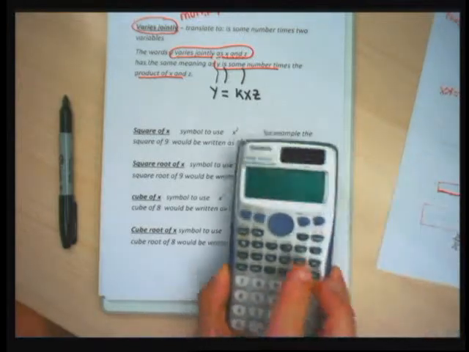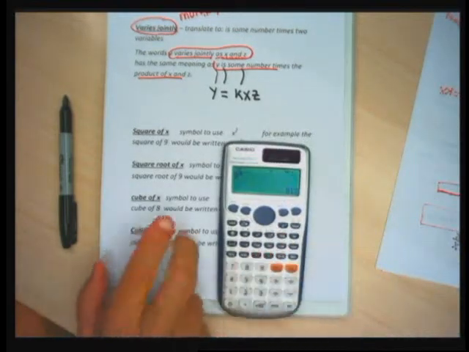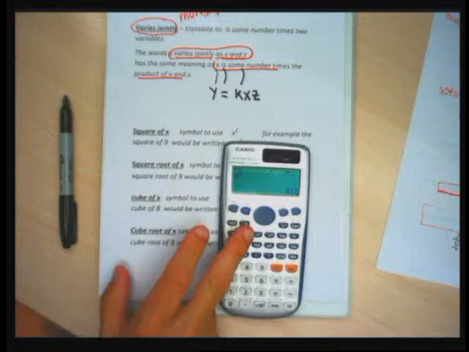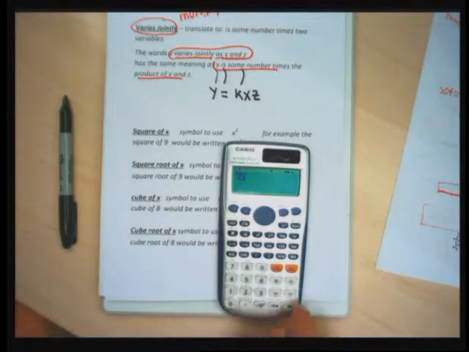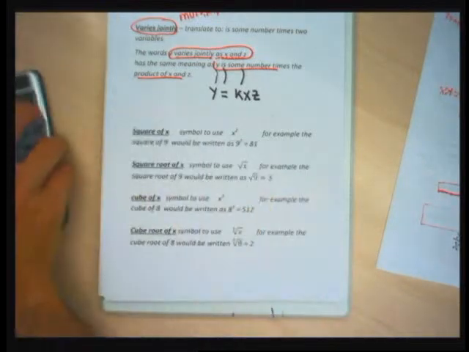On this calculator, to do cube root of 8, you'd hit the shift button and then the square root key. It gives you a cube root, and then you can type the number 8, and it tells me the cube root of 8 is 2, because 2 times itself 3 times is 8. So that's all the review we need for this section.